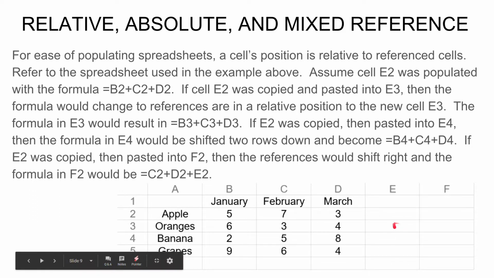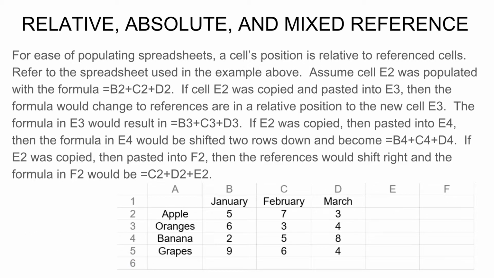So in E2, we're referencing B2, C2, and D2, but now we're moving one row down. All our columns are going to be the same. We're still going to have a B, a C, and a D being added together. But instead of row 2, we are moving down one row. So we're going to be adding B3, C3, and D3.